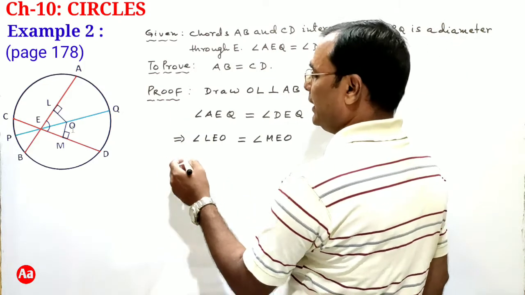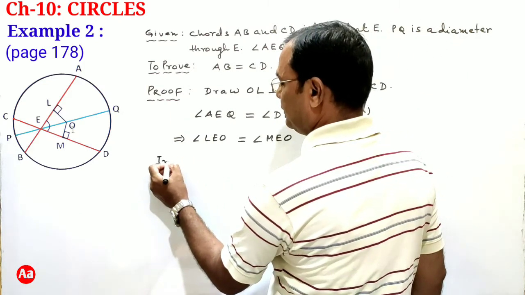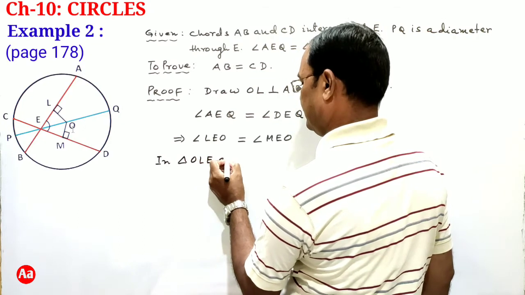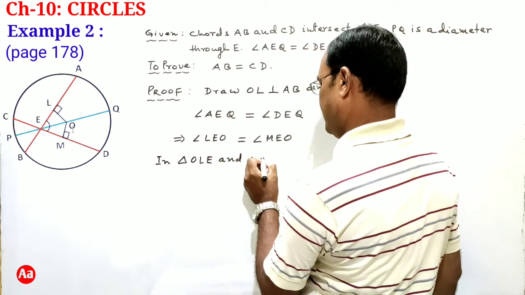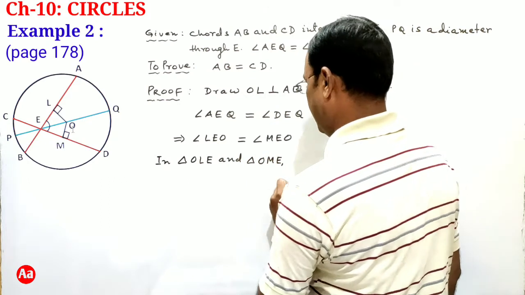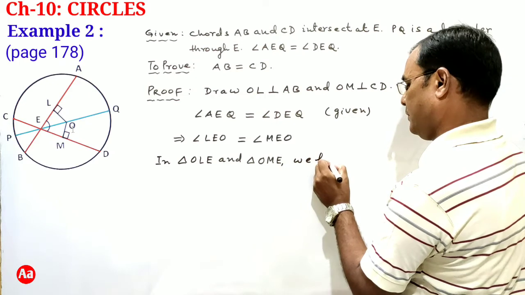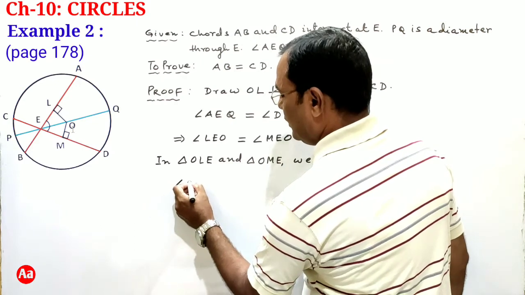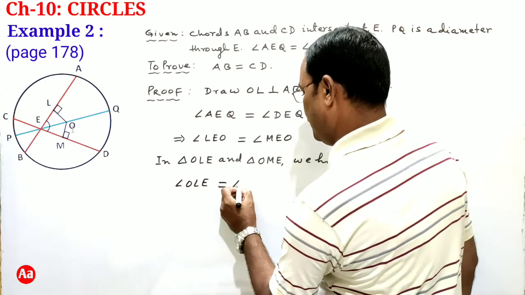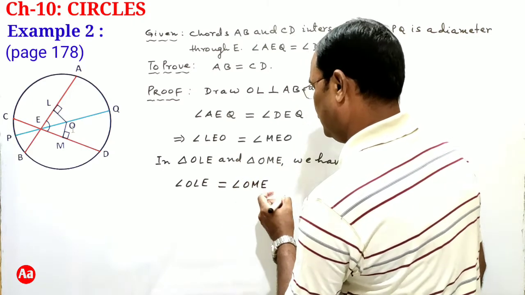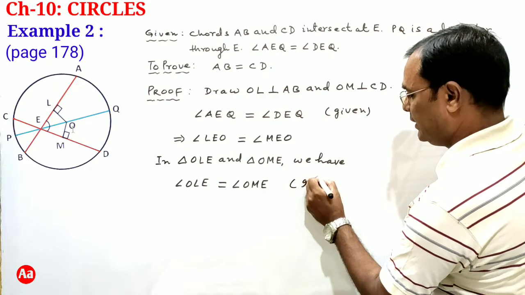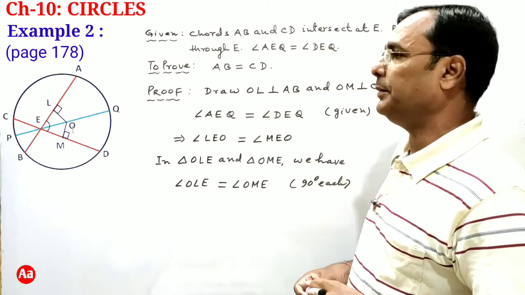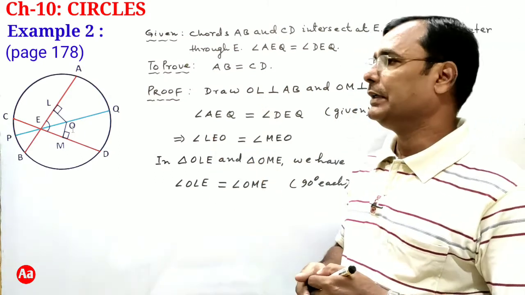Now in triangle OLE and triangle OME, we have angle OLE is equal to angle OME, 90 degrees each, because we have drawn OL perpendicular to chord AB and OM perpendicular to chord CD.